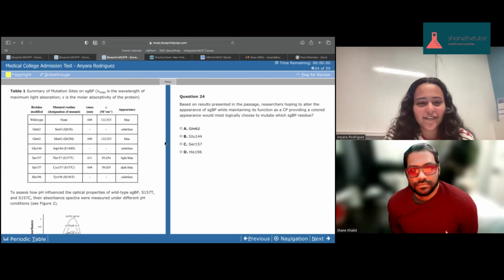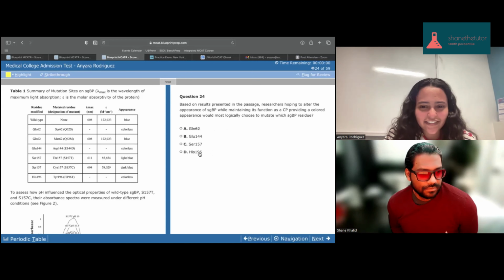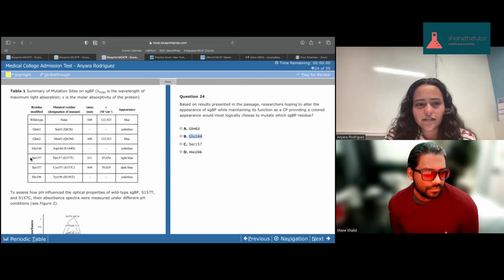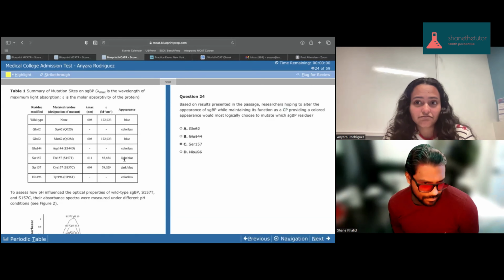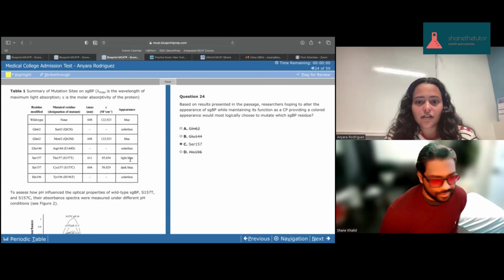It's also colorless, it would be out. This is also colorless. Blue 144, so I would say C just because it's the only one that's colored when you mutate it.